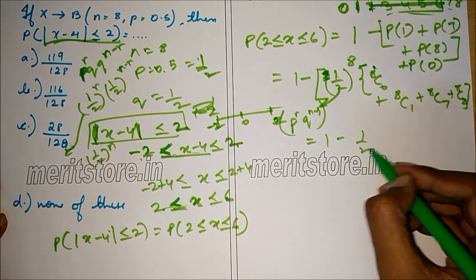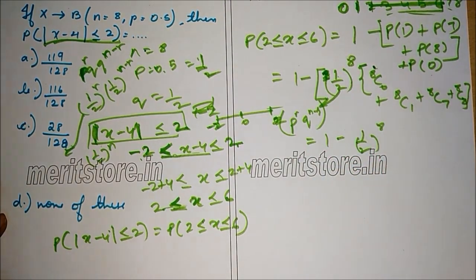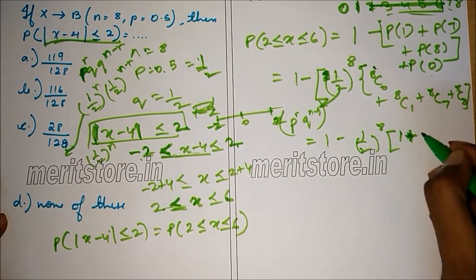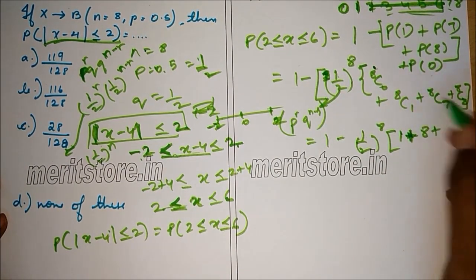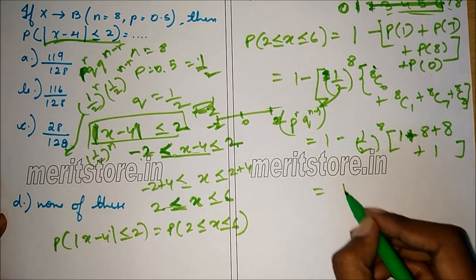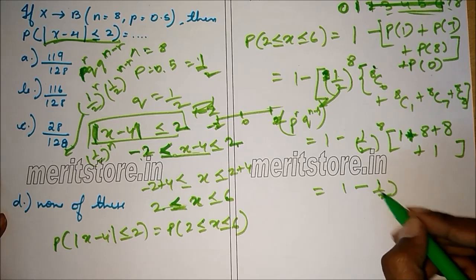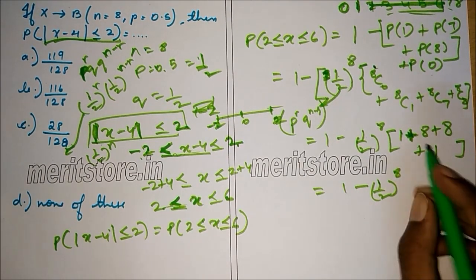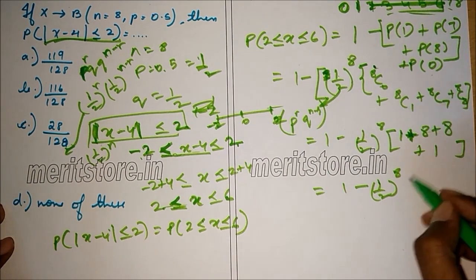So 1 minus half raised to 8. 8C0 is 1, plus 8C1 is 8, plus 8C7 is also 8, plus 8C8 is 1. So this will be 1 minus half raised to 8 into 1 plus 8 plus 8 plus 1, so this is 18.